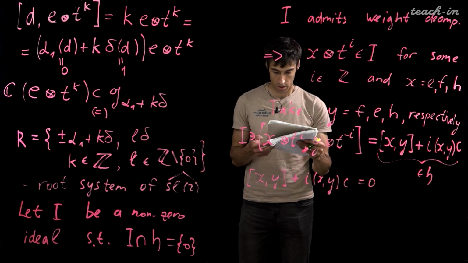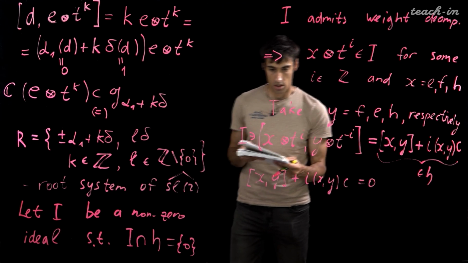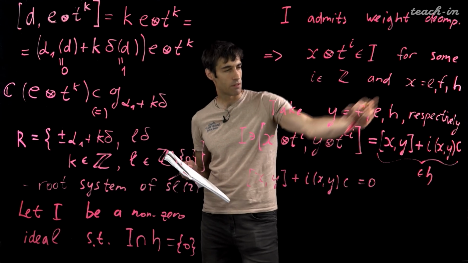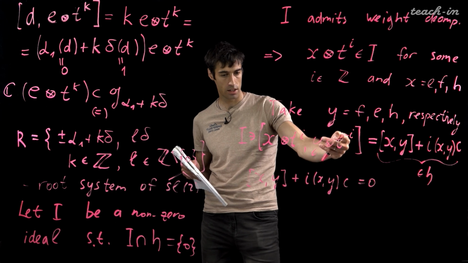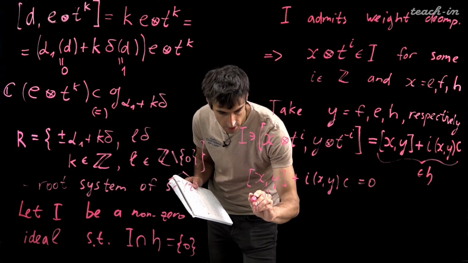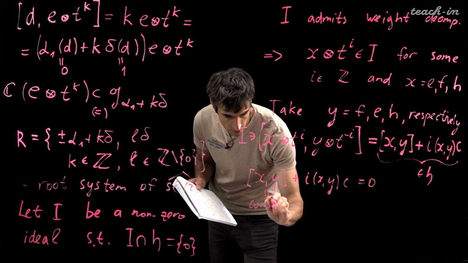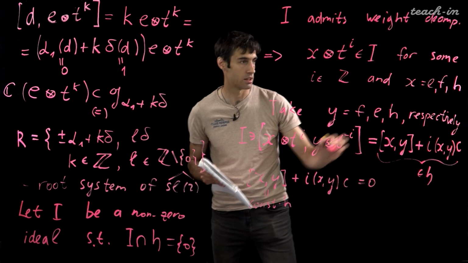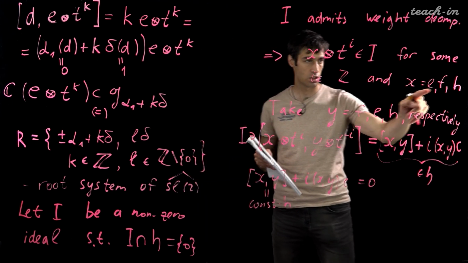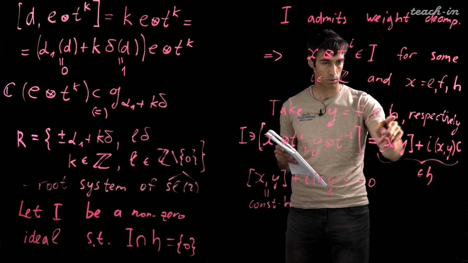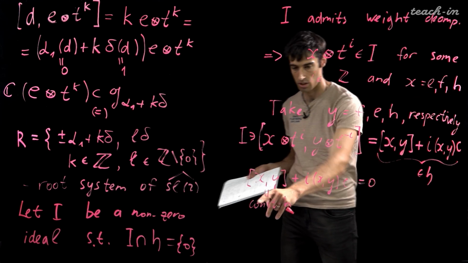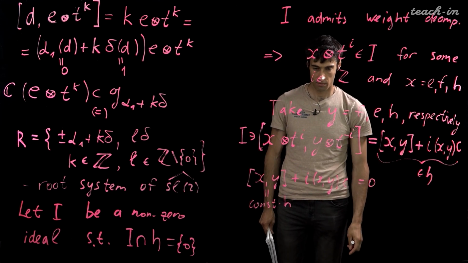Very well. Again, we have such a choice of x and y that the commutator is some constant times h. The commutator of E and F is H, the commutator of F and E is H, the commutator of H with H is 0, so the constant is 0 here.